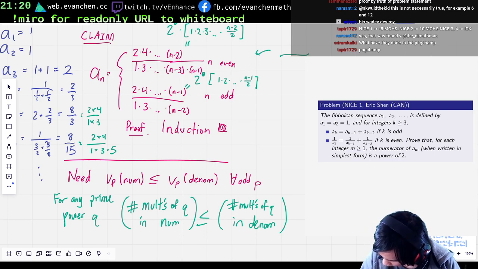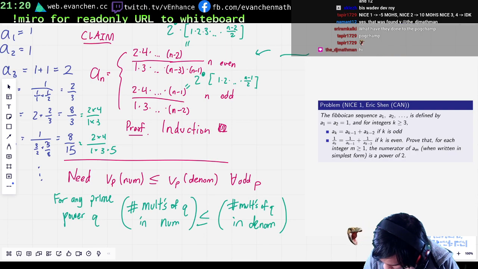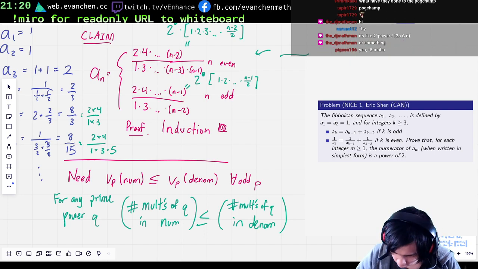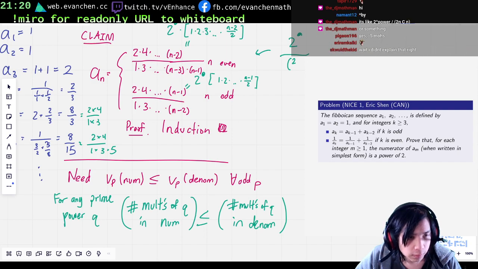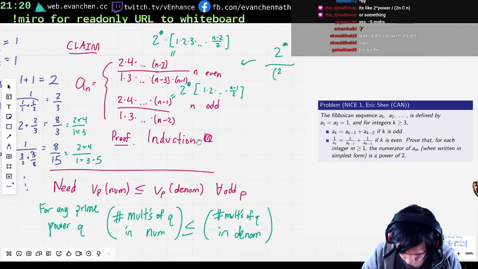Which one is 2n choose n and which one is... So this one is 2 to the something over 2n. It should be 2 to the 2n divided by 2n choose n, and then you should just simplify and you're good. 2 to the 2n over 2n choose n? Okay.